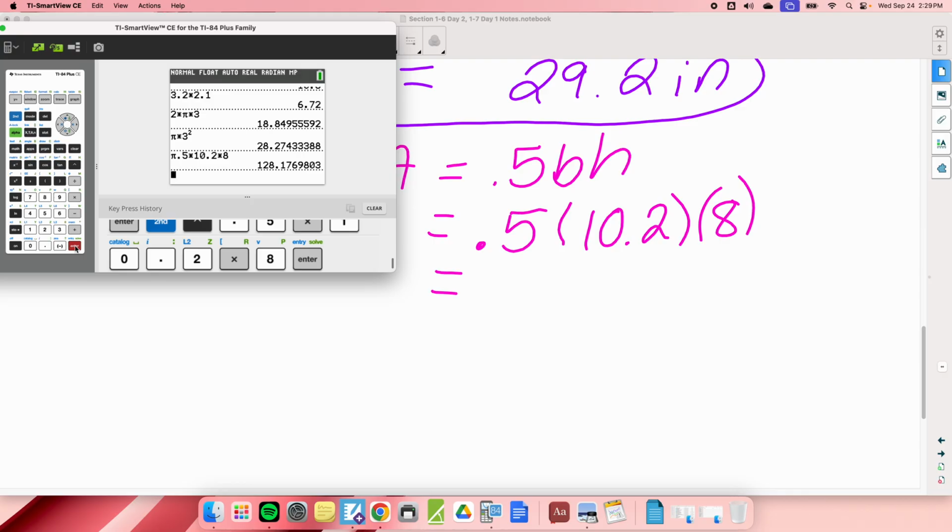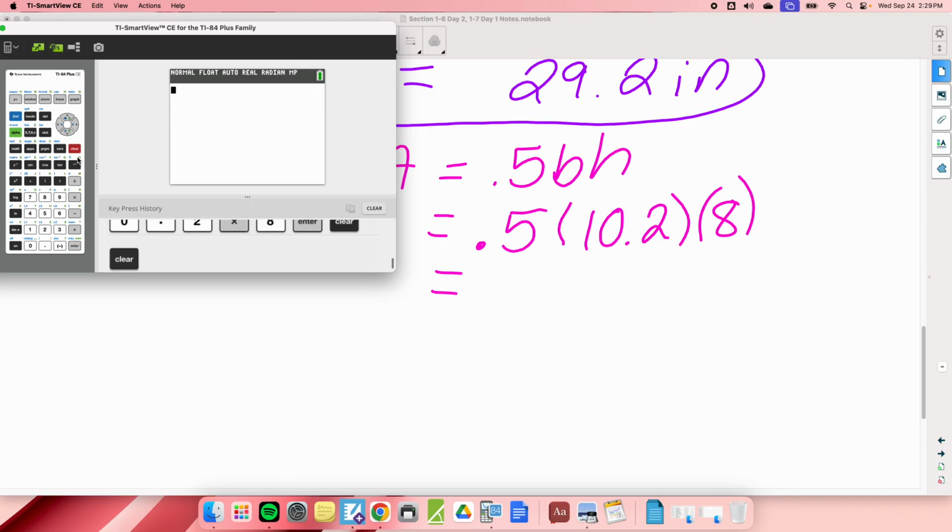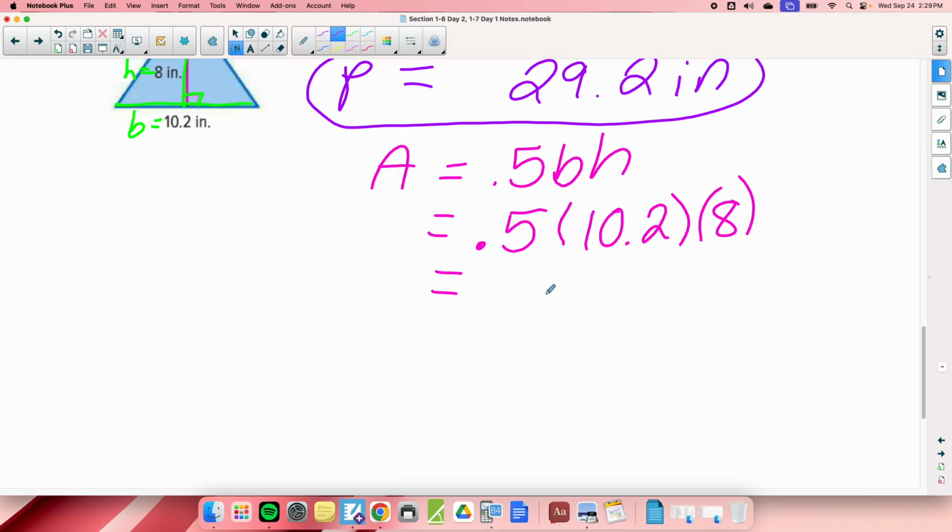Just hold on, sorry about that, that was wrong. This is 0.5 times 10.2 times 8. Did you get 40.8? And that is square inches.